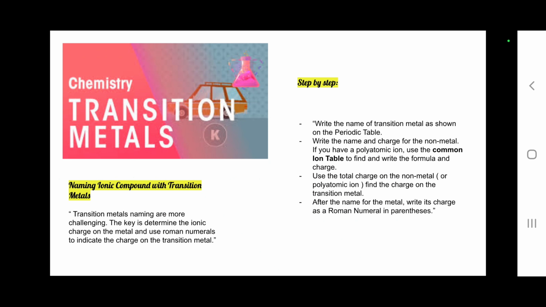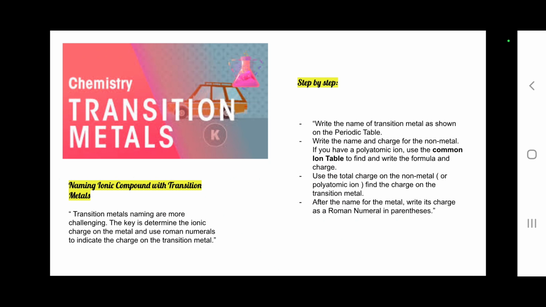Write the name of the transition metal as shown on the periodic table. Write the name and charge of the nonmetal. If you have a polyatomic ion, use the common ion table to find and write the formula and charge. Use the total charge on the nonmetal or polyatomic ion to find the charge on the transition metal.